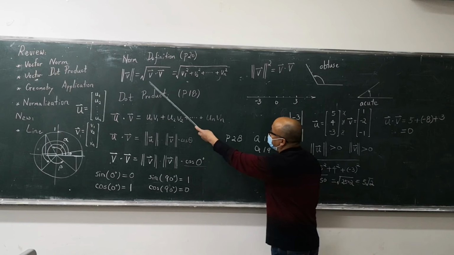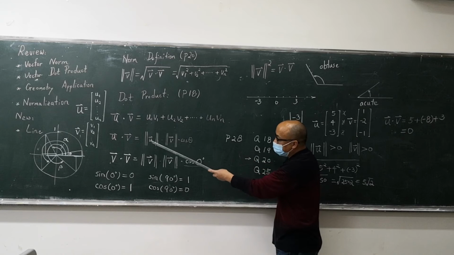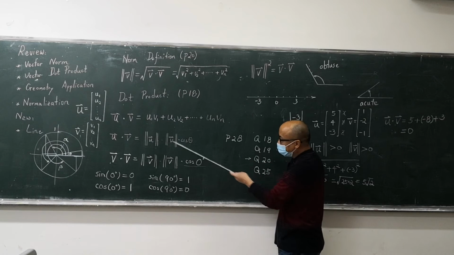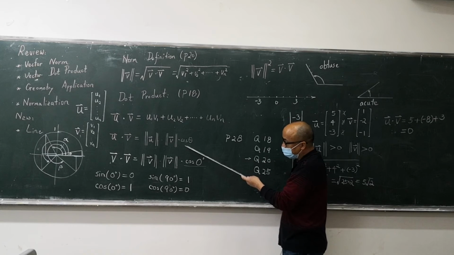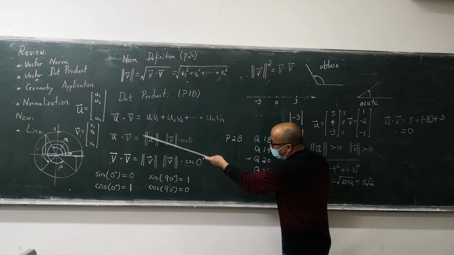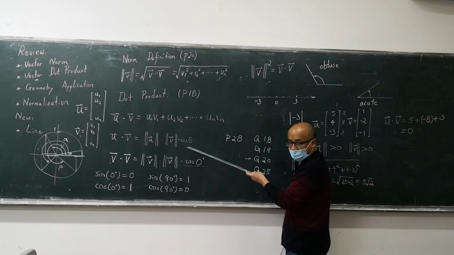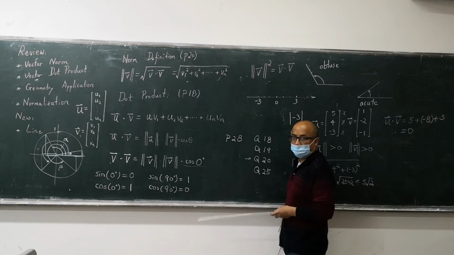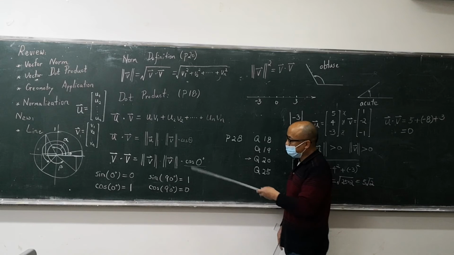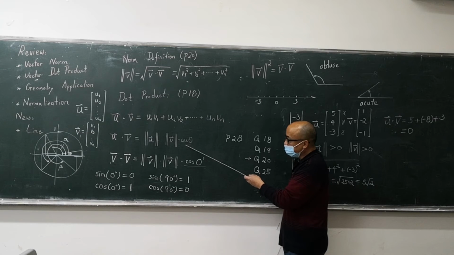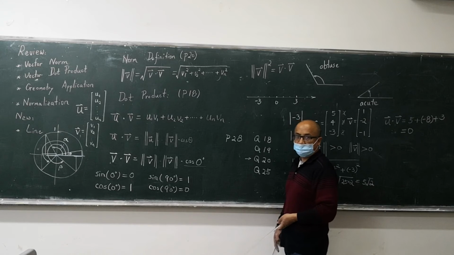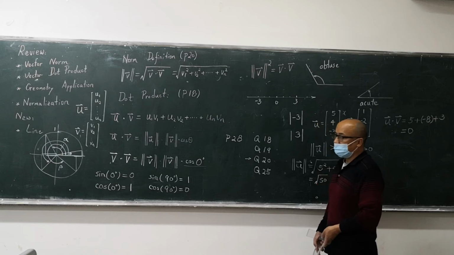we know these are not 0, and the only chance to make everything 0 is this guy, cosine. The cosine of the angle is 0. Trigonometry: if this is 0, then this is a 90 degree angle.